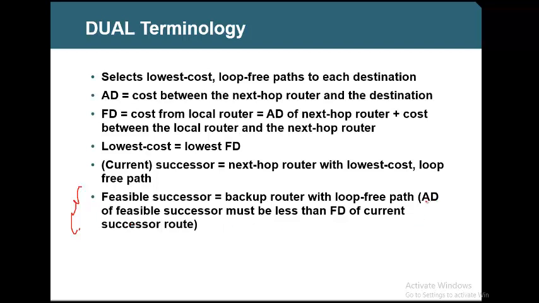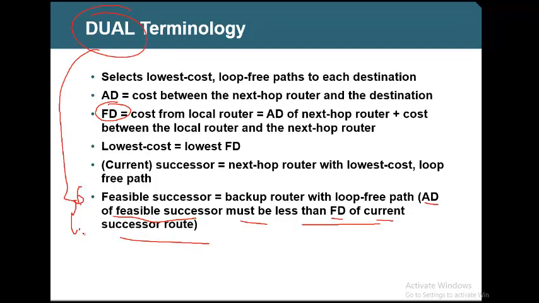The advertised distance of the feasible successor must be less than the feasible distance of the current successor route. This is the DUAL algorithm's condition, which guarantees a loop-free network. We'll talk about that when we go there. It's too early. I'm just telling you that there's a condition called the feasibility condition, which is used in the DUAL algorithm that can guarantee loop-free classless routing.